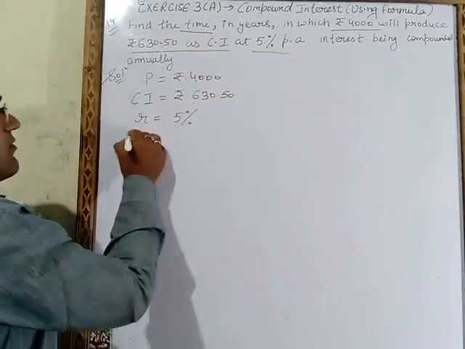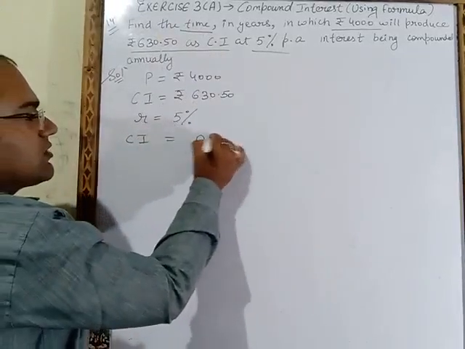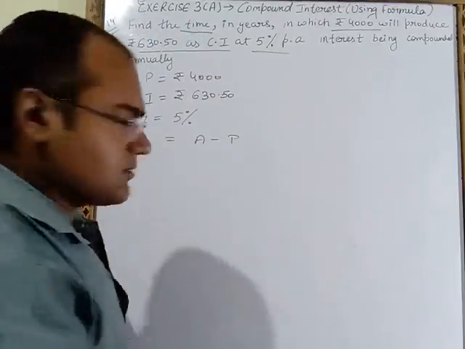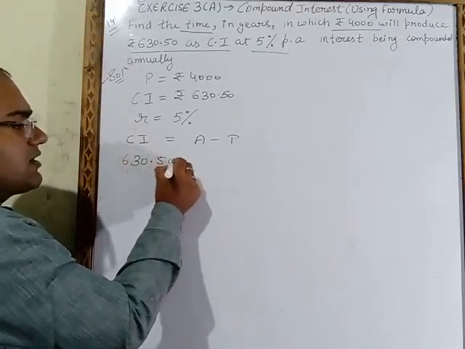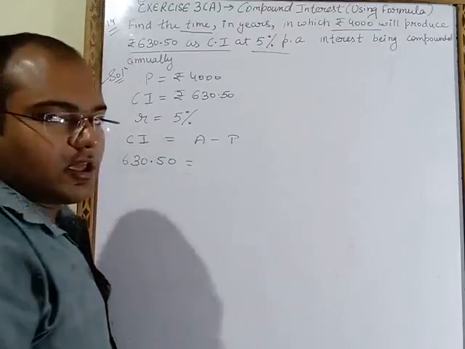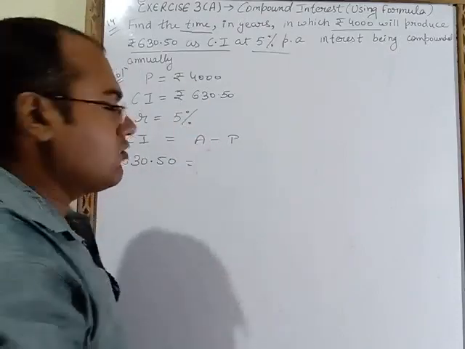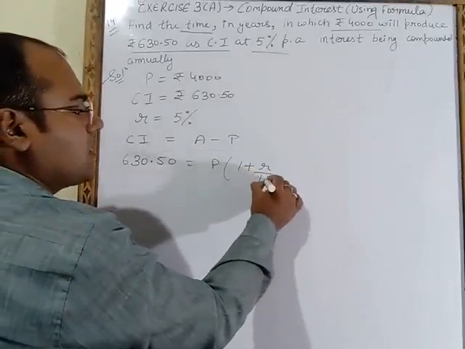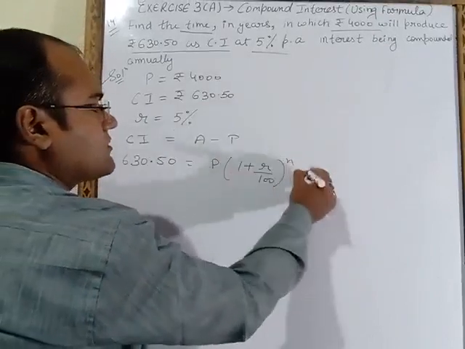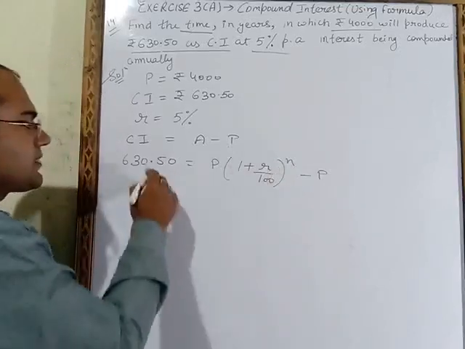So CI formula we will use first. CI is equal to amount minus principal. Then under CI you have to write 630.50 is equal to amount. Amount value is not given. So what we will do? We will use the formula P bracket 1 plus R upon 100 power n, and this minus P we have to write as it is.